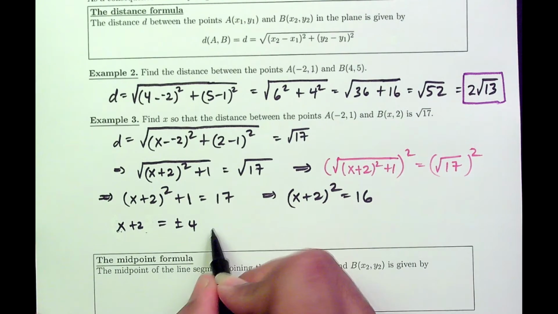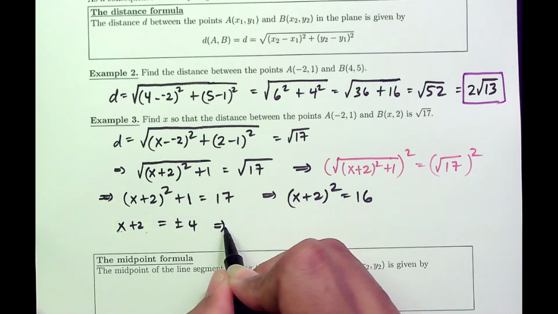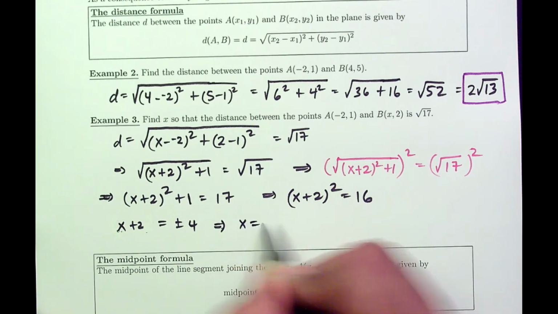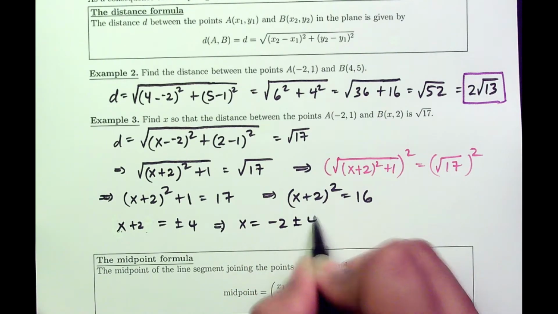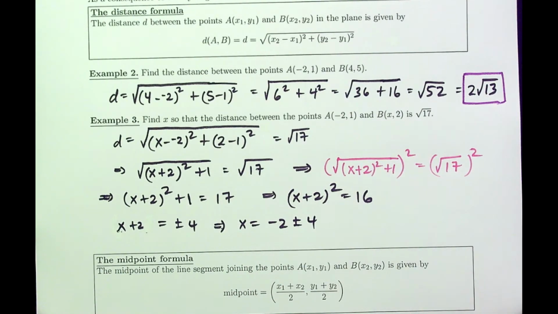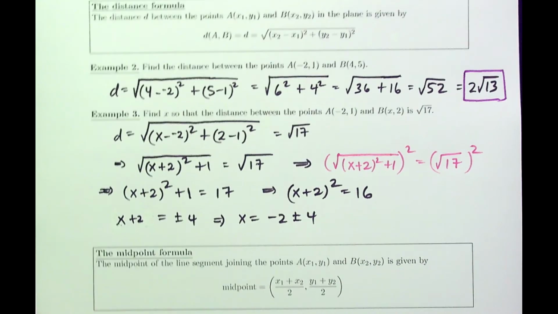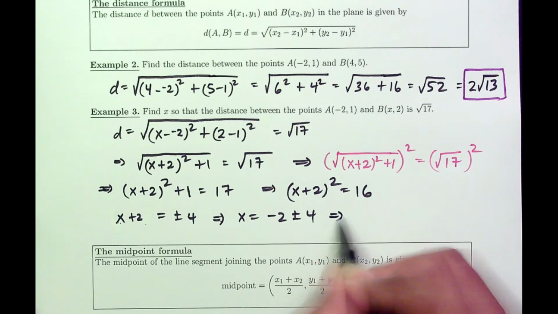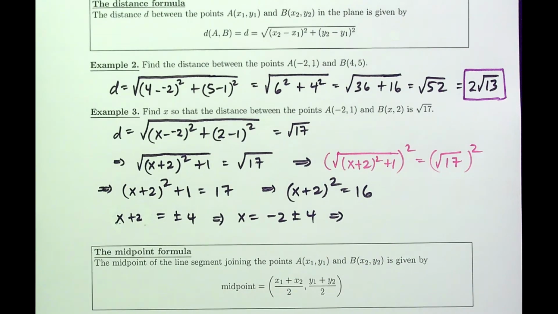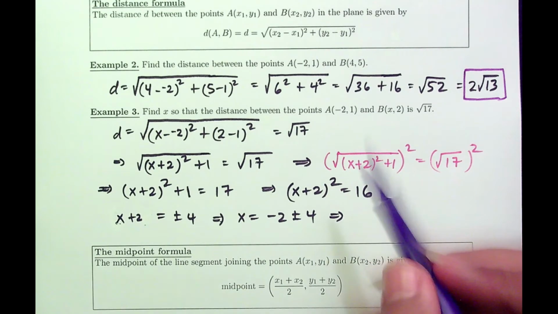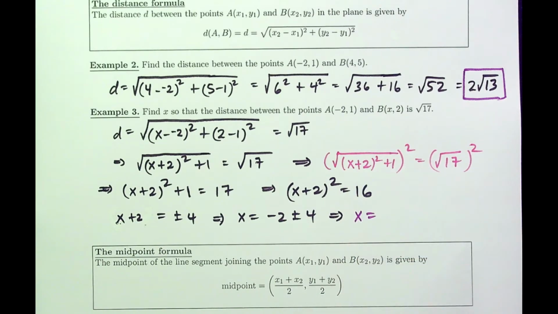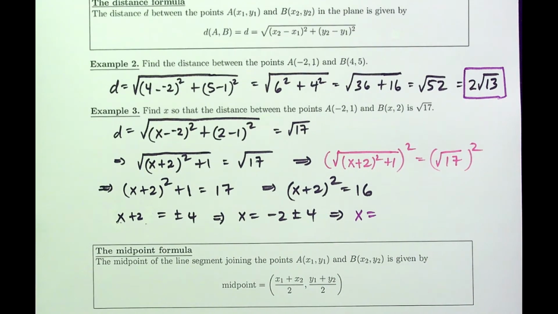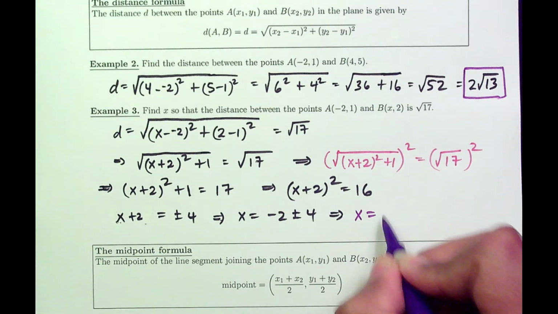So then, moving the 2, you're going to get x = -2 plus or minus 4. And of course, we need to work out both of them to say what x is. One possibility is a plus: -2 + 4 is 2.